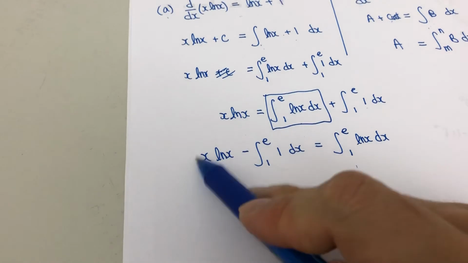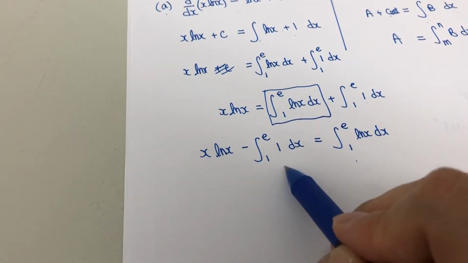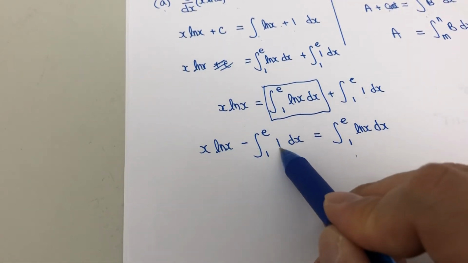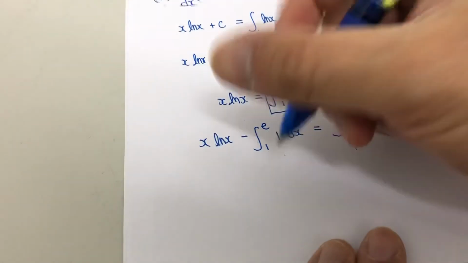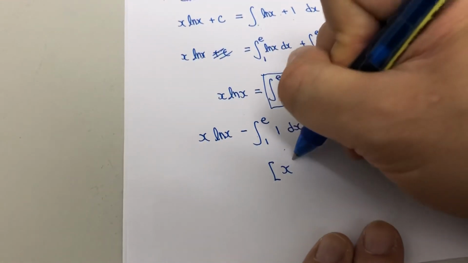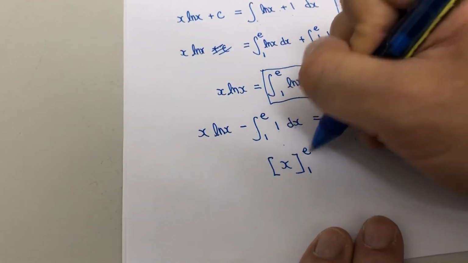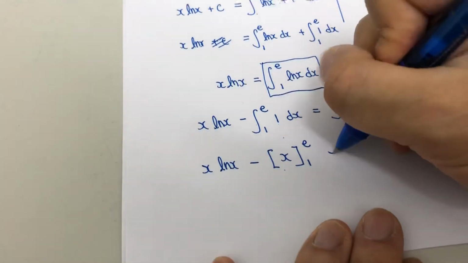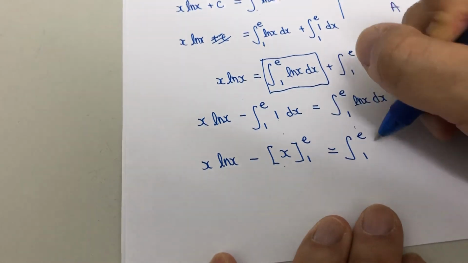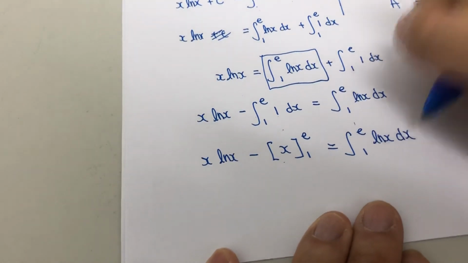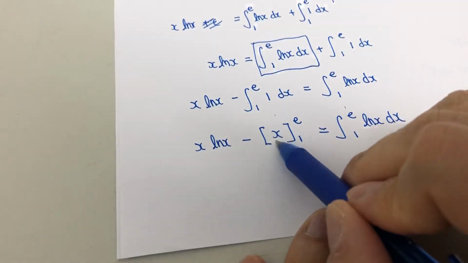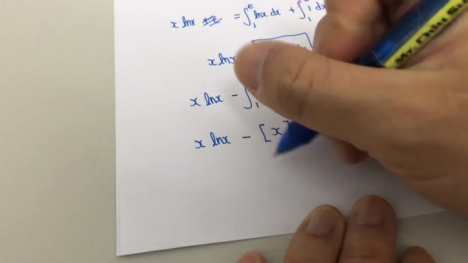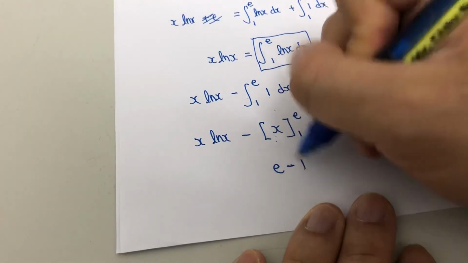Do you think that you could find this part? Do you think that you could continue? Integration of 1 becomes what? Yes, it becomes x. So we just need to consider the boundary from 1 to e. x log x minus this guy will become integration from 1 to e of log x dx. And here we just need to substitute e first and then 1, minus 1.